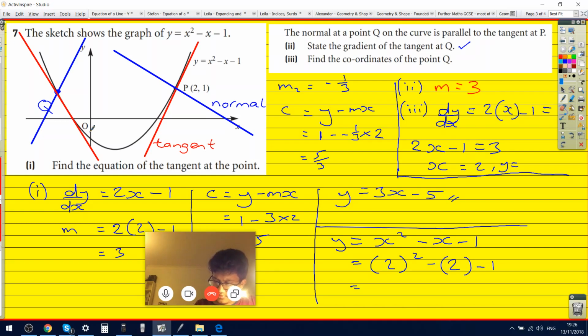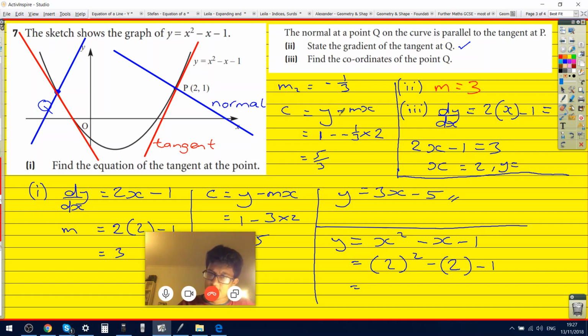So 2x minus 1 equals minus a third? Yeah. Right, so 2x equals 2 thirds. So x would equal just 1/3. And we sub that into the original equation.